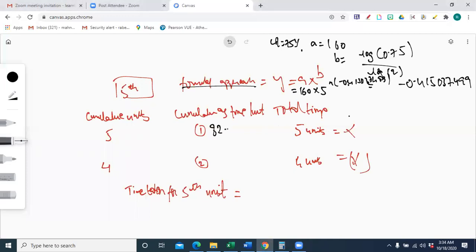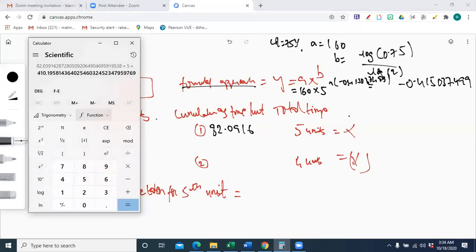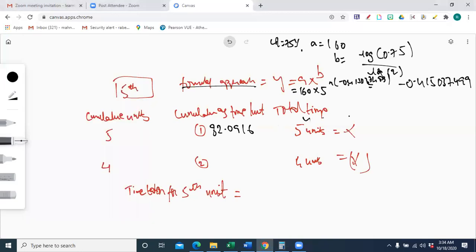It is 82.0916, I guess. And now I multiply it by 5, the time taken for the 5 units. That is 410.19581. Don't round it off.